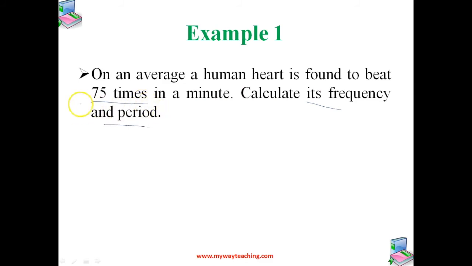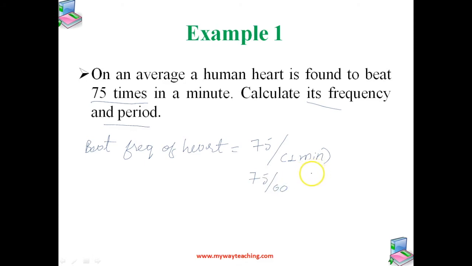So the beat frequency of the heart we can write as 75 by 1 minute. 1 minute is nothing but 60 seconds, which gives an answer of 1.25 per second.